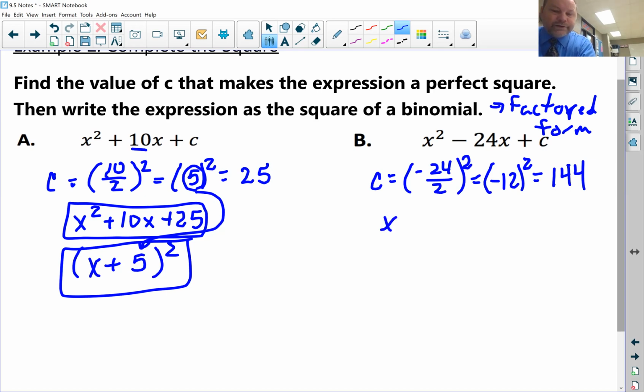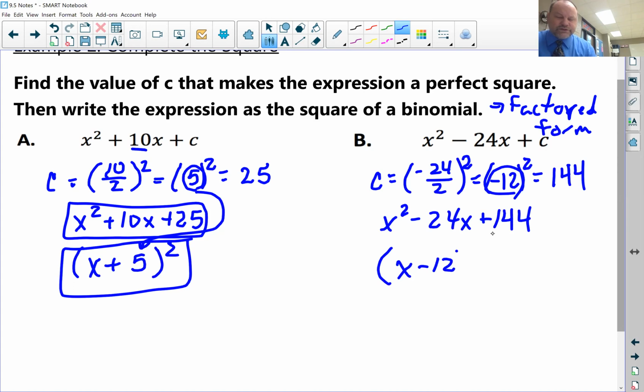Now, if you wanted to go from this perfect square form to the factored form, you could use the X method because A is 1. It would work, but it's always going to be x, and then in this case, -12 squared.